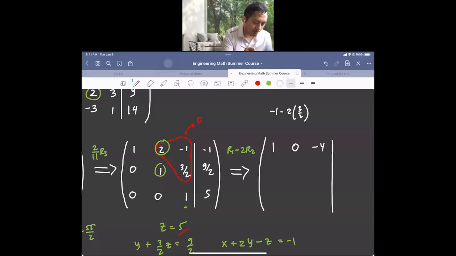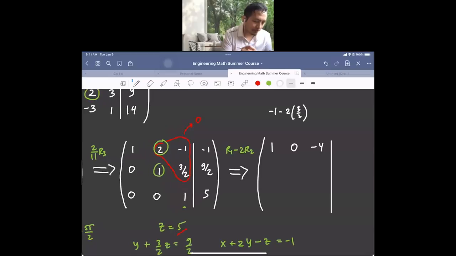So negative 4, right? Negative 4. And negative 1, negative 18 over 2 is 9. Negative 1, negative 9 is negative 10. So this is the same.